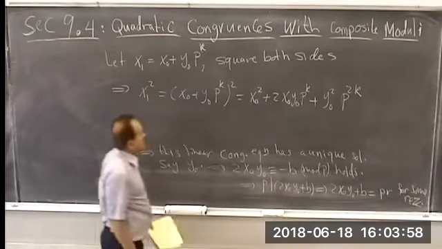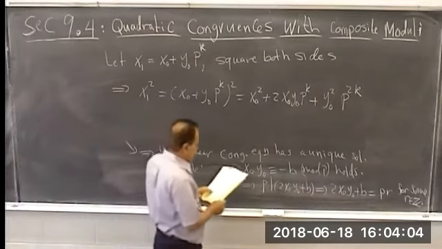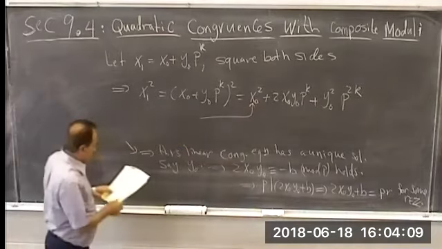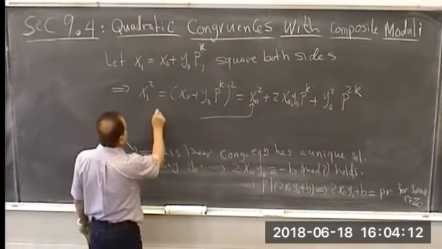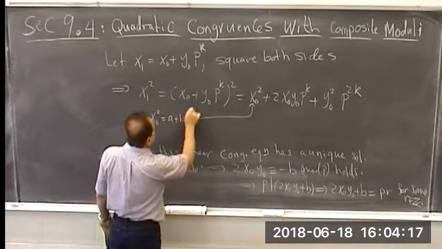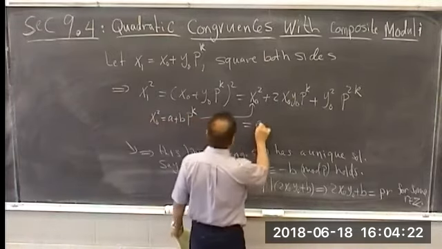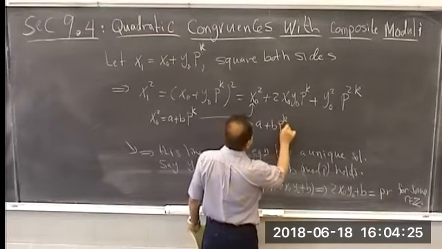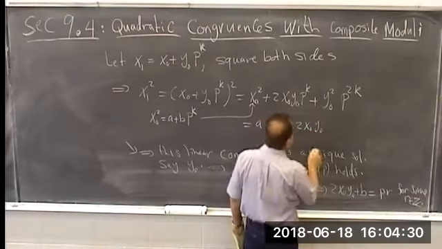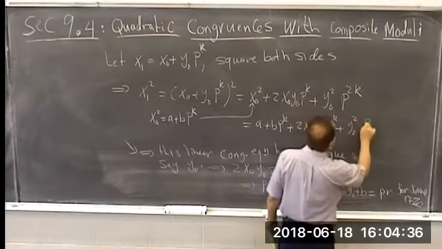Now we're going to substitute for x sub 0 squared. We have x sub 0 squared equal to a plus b p to the k.